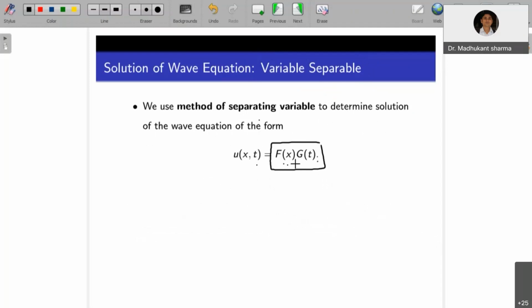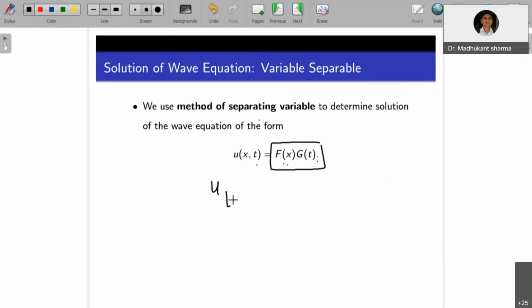You are pre-assuming that, and then you will see whether it is possible or not. That is a later case. Now how will you decide? You have to substitute it into the differential equation.